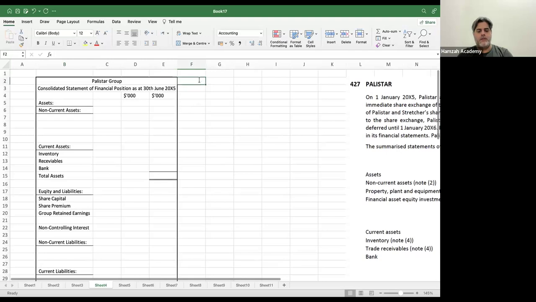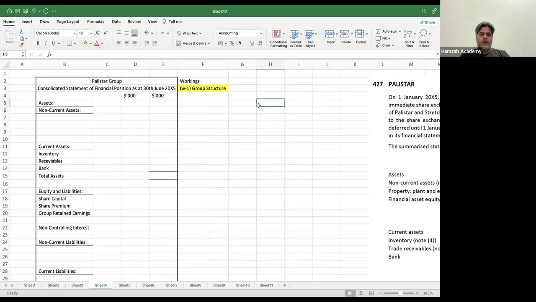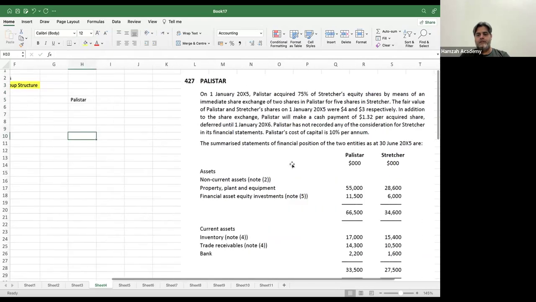Then we are going to have the workings over here. Working one, the group structure. Now we have Plester, then we have Stretcher over here.